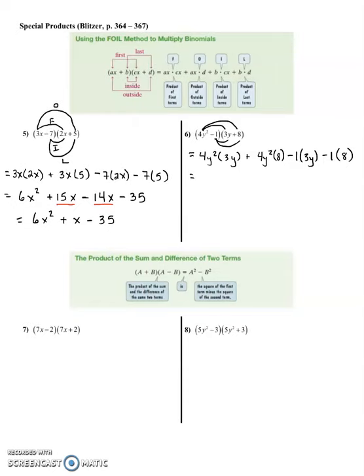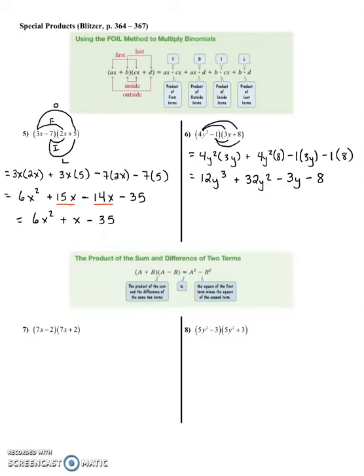So 4y squared times 3y is 12y cubed. 4y squared times 8 is 32y squared. -1 times 3y is minus 3y, and -1 times 8 gives us a minus 8. So we have 12y cubed plus 32y squared minus 3y minus 8.